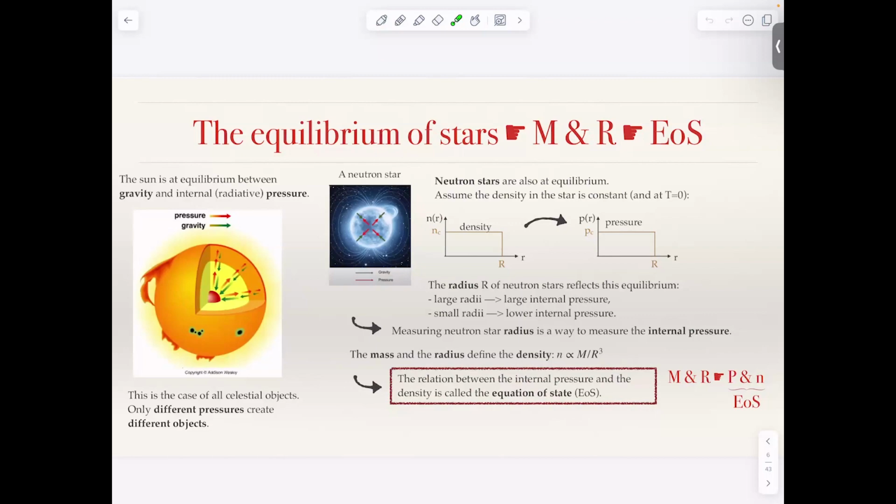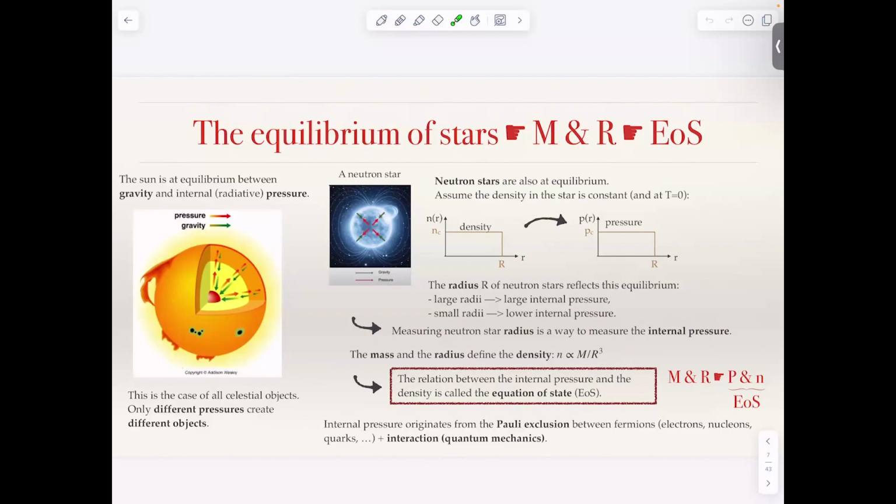Okay, so this is a program, the scientific program of this study, which is to obtain some complementary information about the equation of state by adding on top of laboratory experiments like heavy ion collisions. We briefly mentioned it last time, and we'll discuss it a bit more in the next lecture.